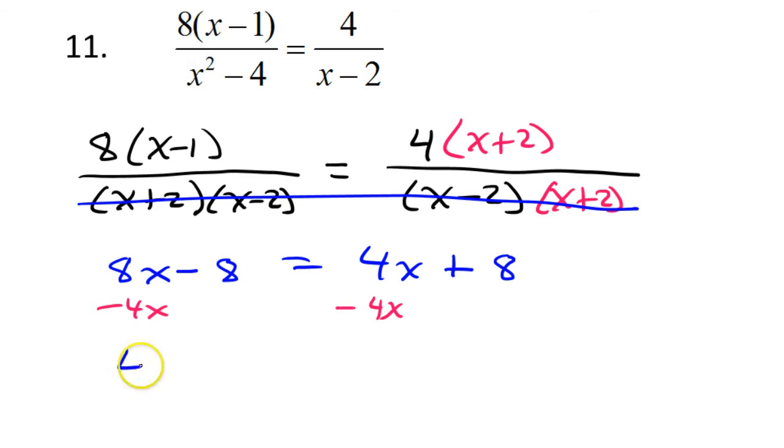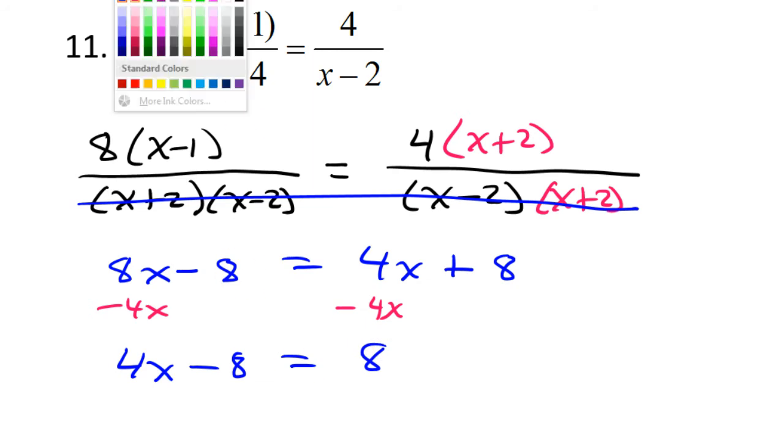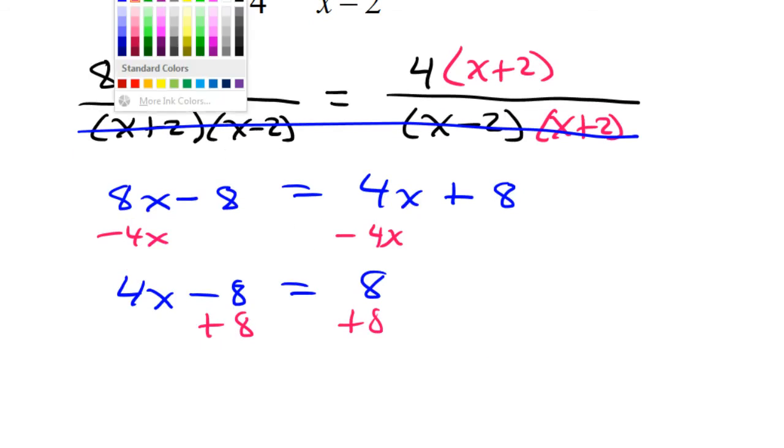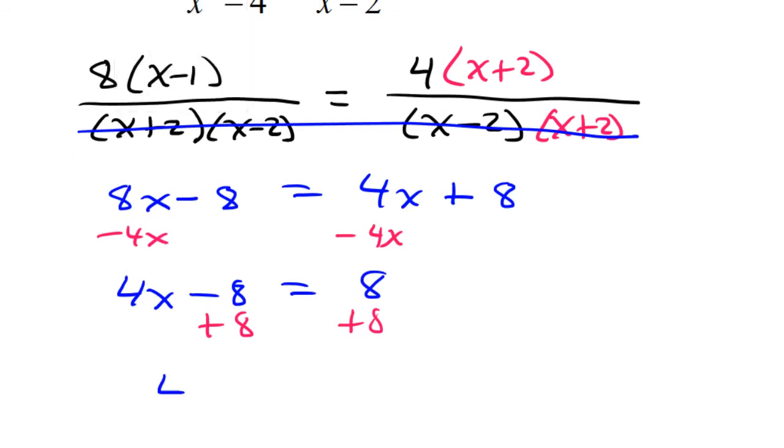So that's going to give me 4x minus 8 is equal to 8. Then I would add 8 to both sides. Okay, so that's going to give me 4x is equal to 16.